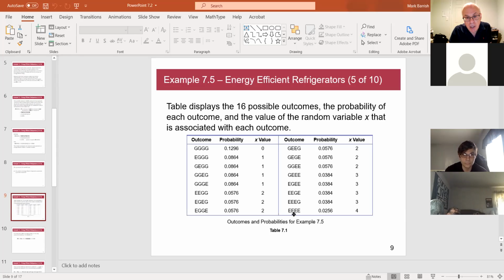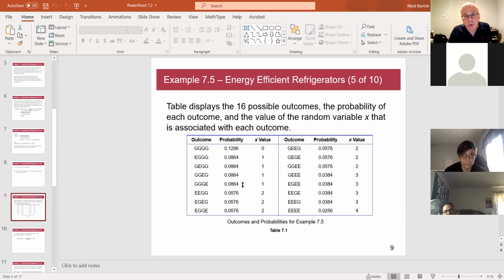And the same thing with the E. There's only one of those. So for this random variable, those are 2 possible outcomes when x is 0, which is G, and when x is 4, which is E. And we obviously can calculate their probabilities using the multiplication rule.